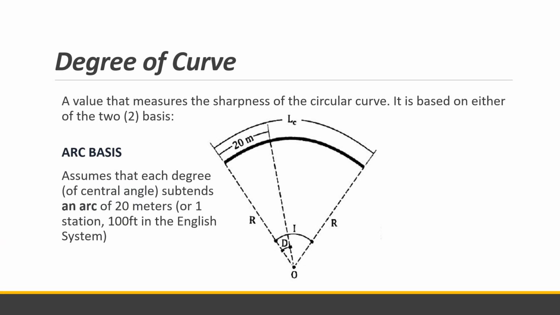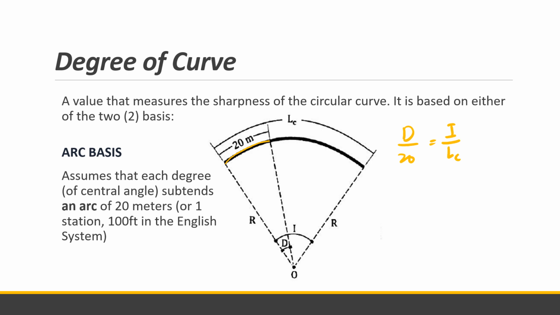Okay, so the degree of curve, so as mentioned kanina, is based on two bases. That is the arc basis, where 20 meter is the length of arc for a 1 degree curve. So that means degree of curve over 20 is the interior angle over the length of curve.